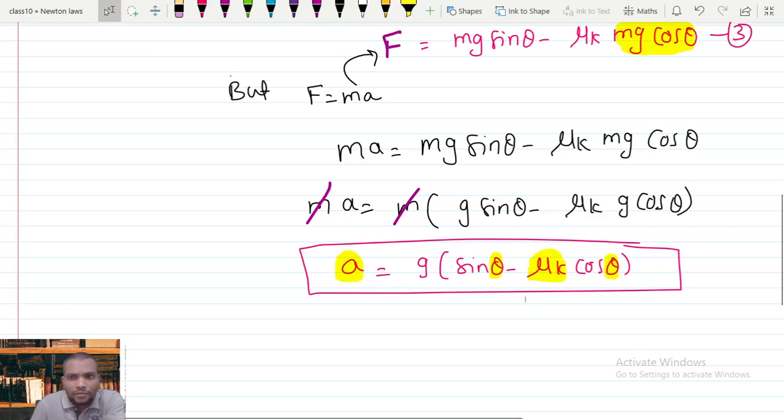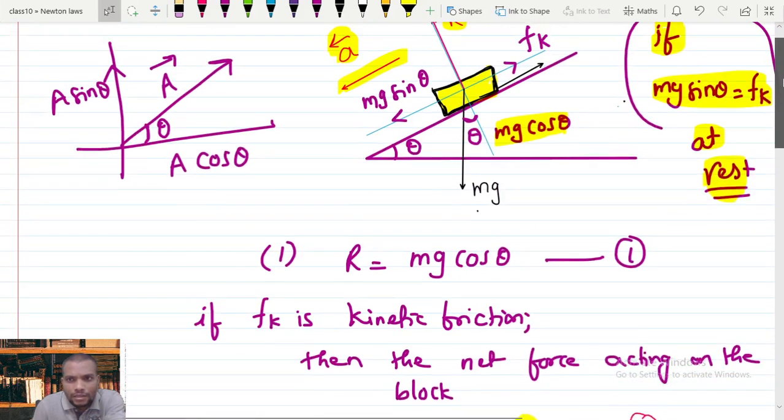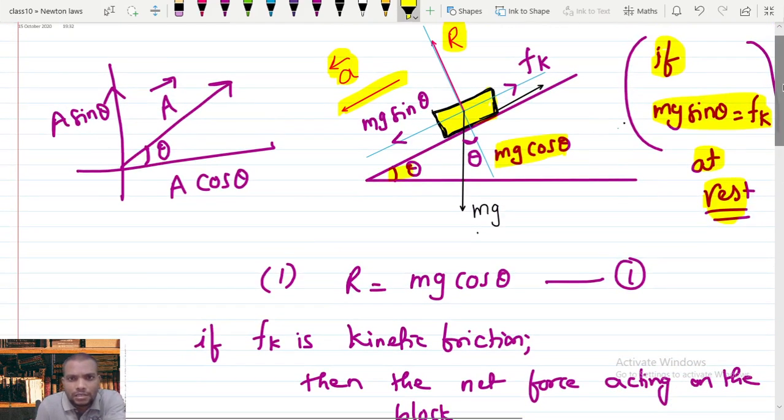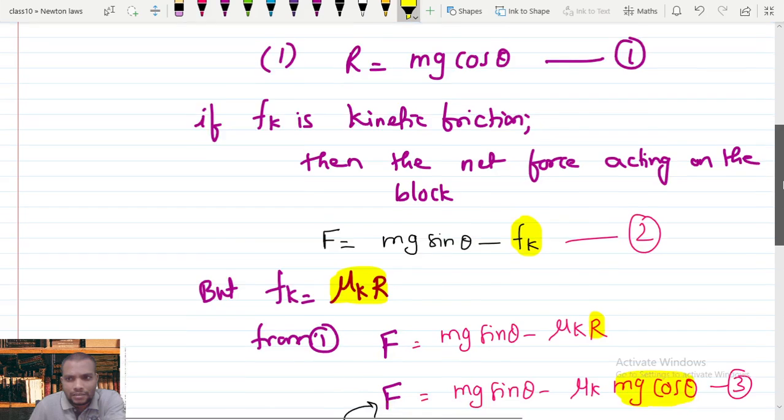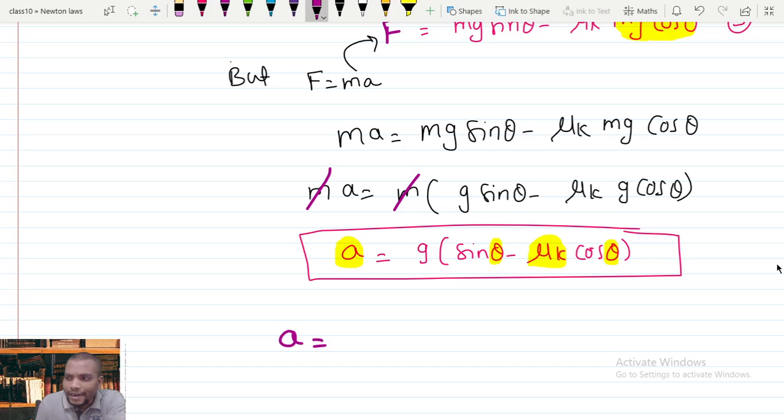Theta here is the angle of repose, and mu k is nothing but the coefficient of kinetic friction. So the final expression for the acceleration of an object sliding down an inclined plane is a equals g of sin theta minus mu k cos theta.